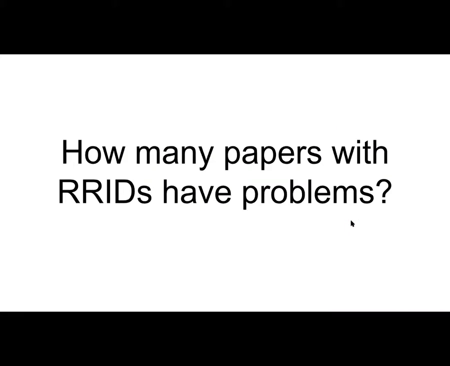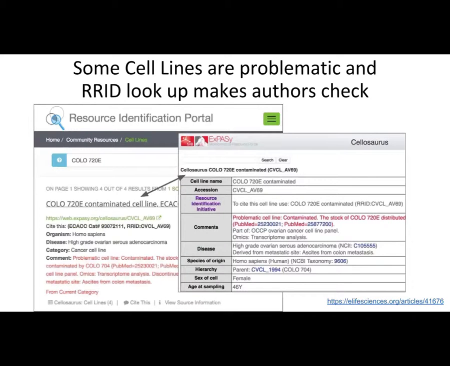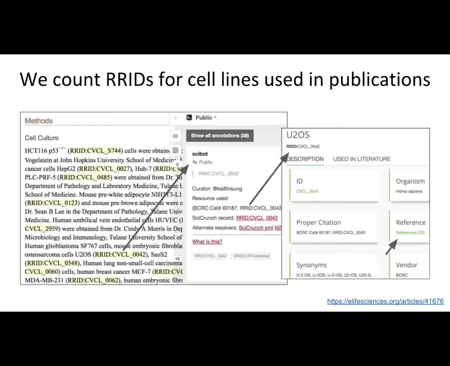So now the question is, how many papers with RRIDs actually have these problems? When a set of authors is putting in these RRIDs, they've presumably been able to see that warning. And do they still use the cell lines? So here's an example of how we find all of the RRIDs that have been used in a particular study.